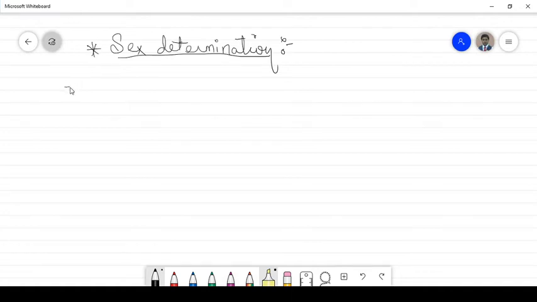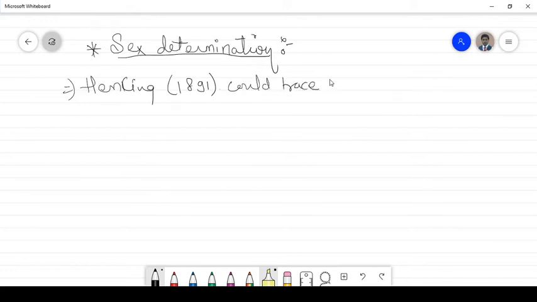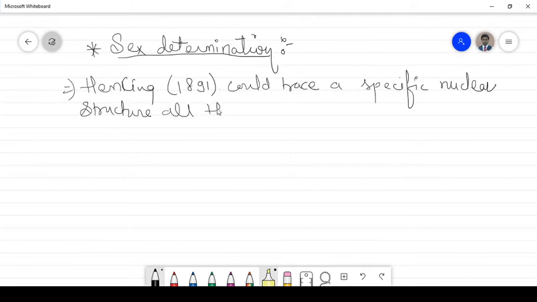Now there was a scientist known as Henking. Scientist Henking, in the year 1891, could trace a specific nuclear structure all through spermatogenesis.